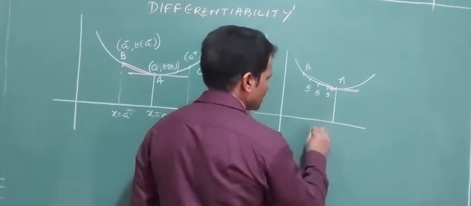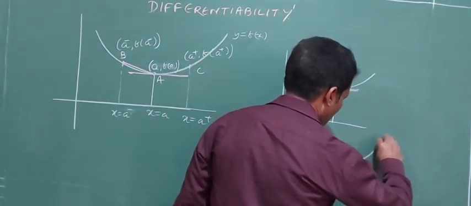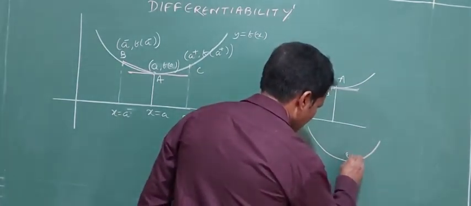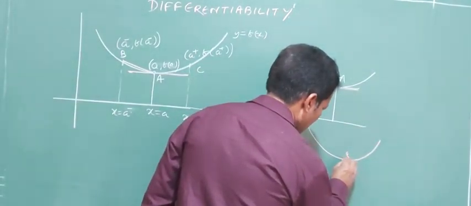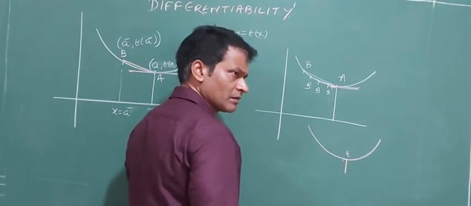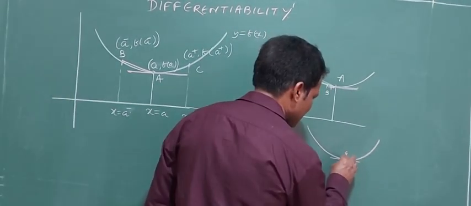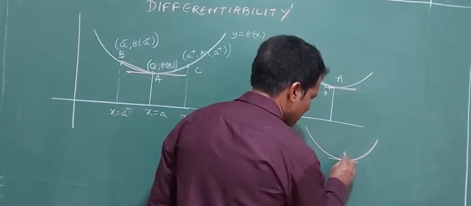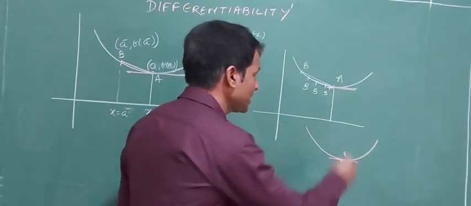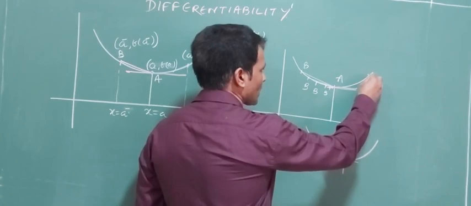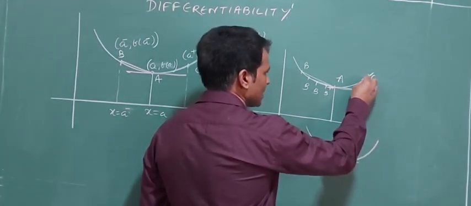So when I take a curve, this is the point A, and when this is A minus, you can see this is almost a straight line. So I can draw the tangent here, and the same tangent will be here. That means the tangent at this point and the tangent at that point are equal. Similarly, C will approach A. C is here, C will come here, and draw a chord.